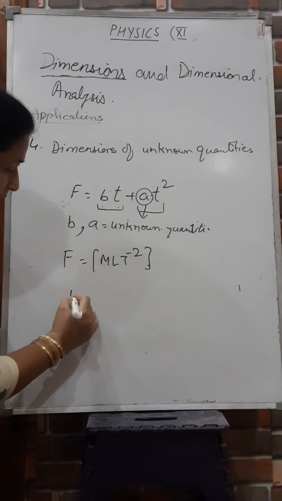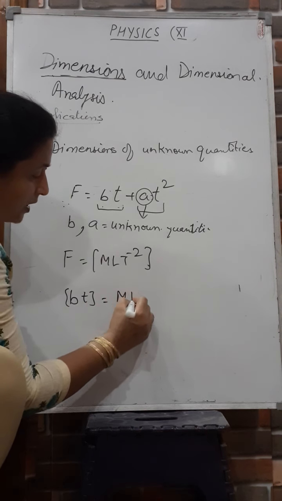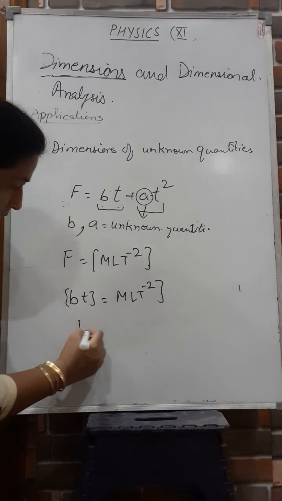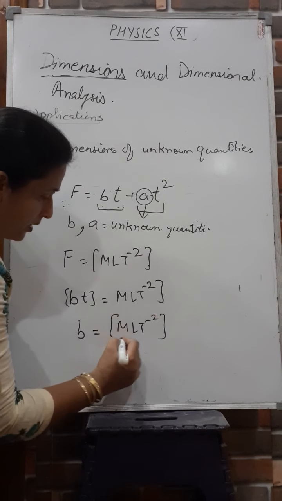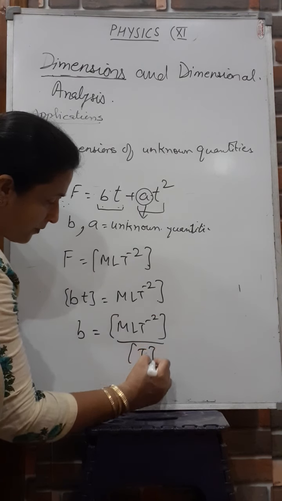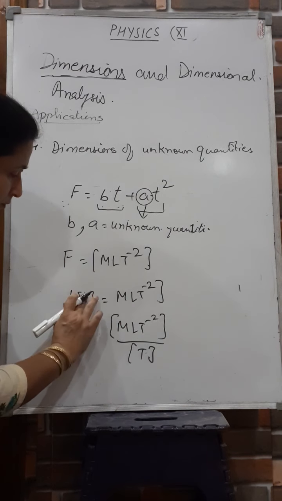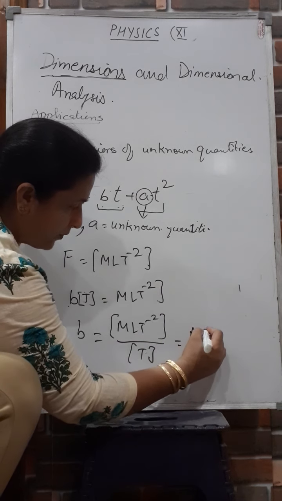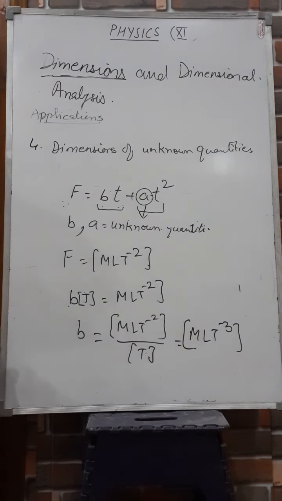So we can write Bt should be equal to MLT^-2. T is time, so B will be equal to MLT^-2 divided by T, so it is equal to MLT^-3. This is the dimension for B.